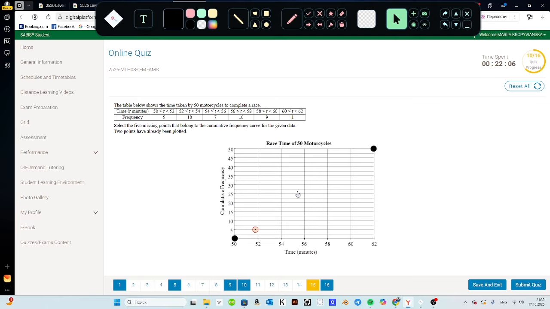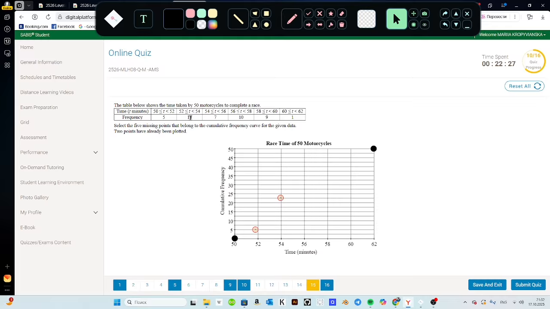Next one is 18 plus 5, because we have a number before, so we need to add it, which gets to 23. That number is somewhere approximately over here. It's supposed to be between 52 and 54, so we can plot it over here.